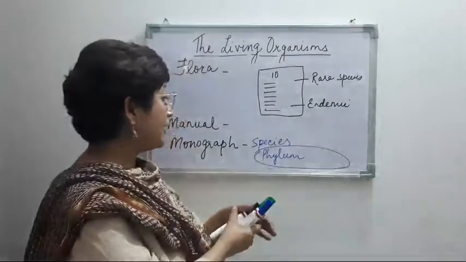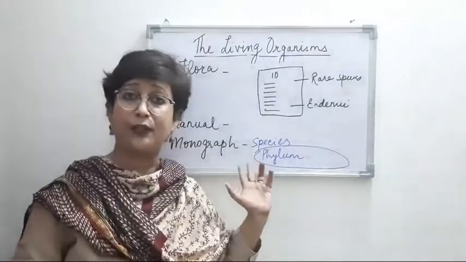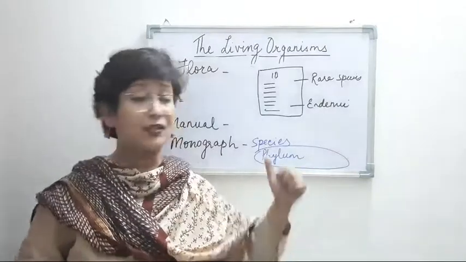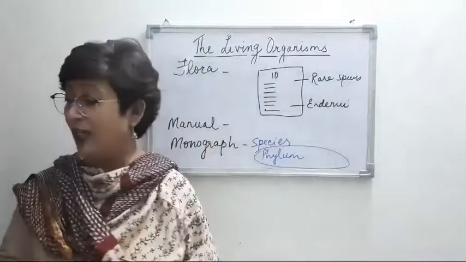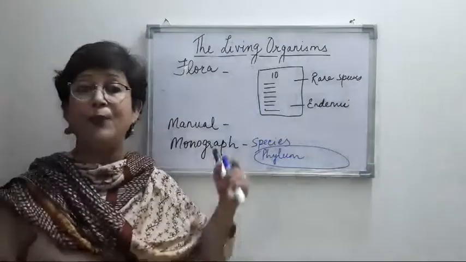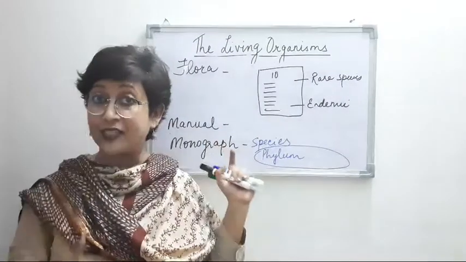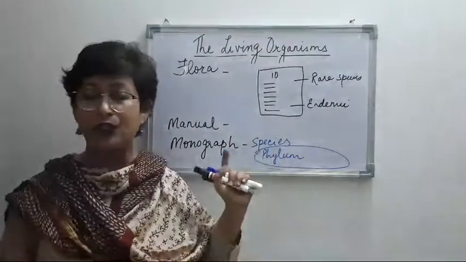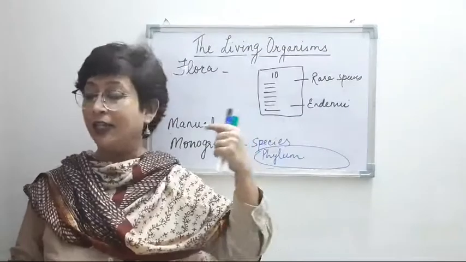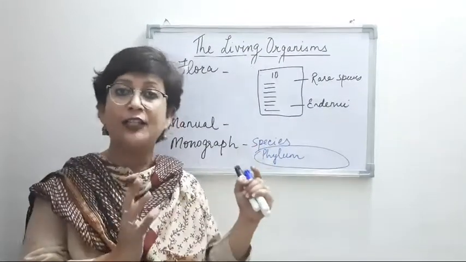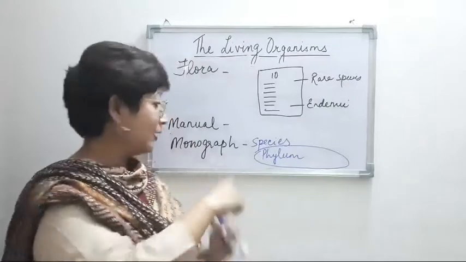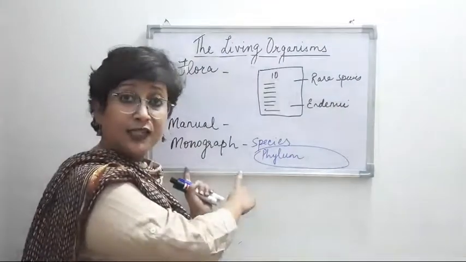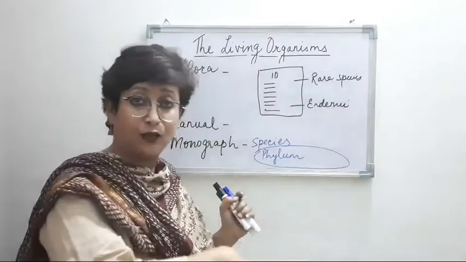So monograph basically tells about a particular taxon, right? So the difference between a manual and a monograph is, manual provides basic but necessary information for identifying the names and then classifying the organisms into groups, right? Monograph tells everything about that group, right?